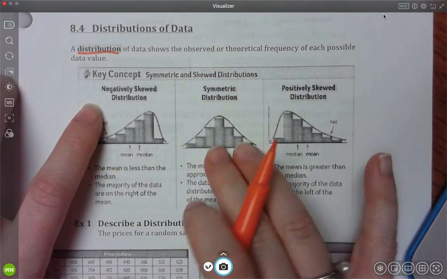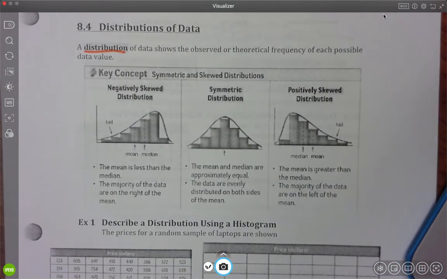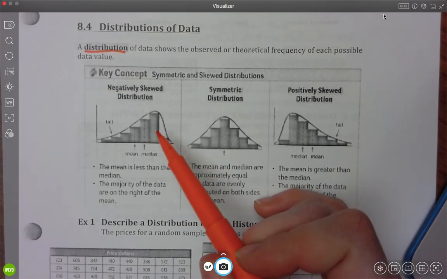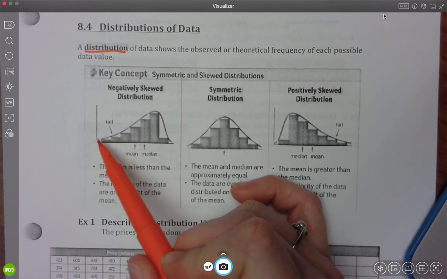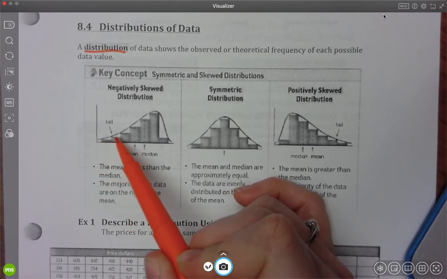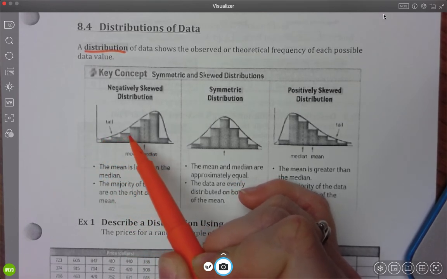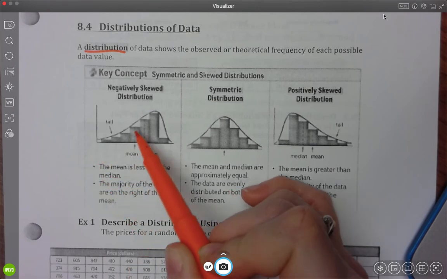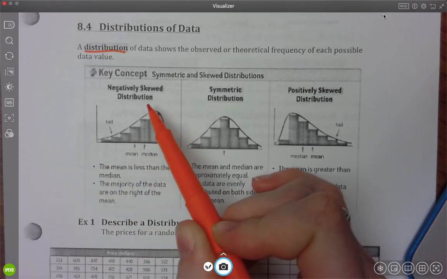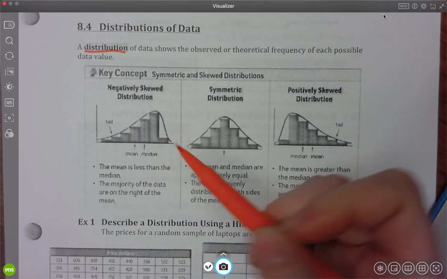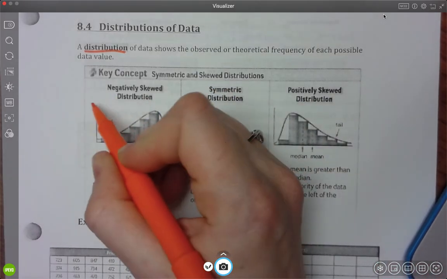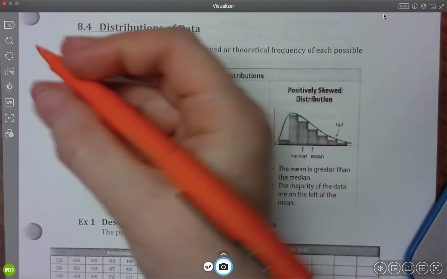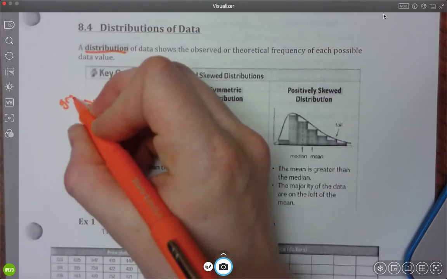So we're really looking at the distributions of data. There's kind of three different ways that we're going to talk about at least to distribute data. Sometimes there's not a lot of data on the lower end, and most of your data is going to be toward the higher end. An example of this would be grades in the class.